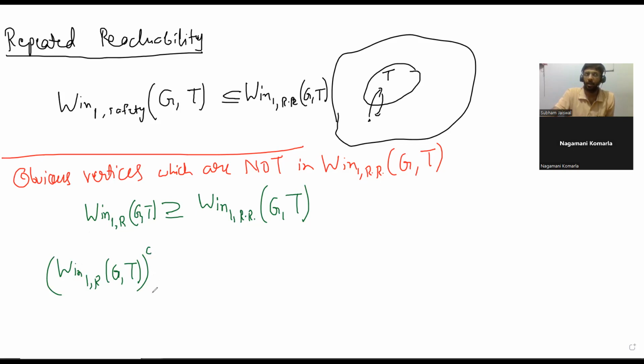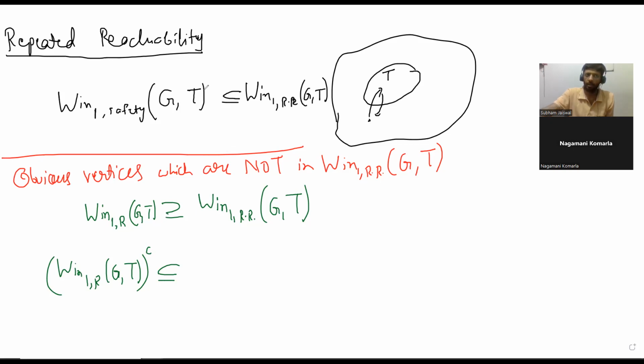In the first one, we get that Win1 RR is a superset of Win1 safety. In the second one, we get that it's a subset. So we're looking for that sort of relationship.